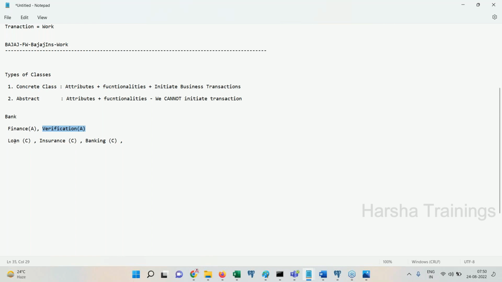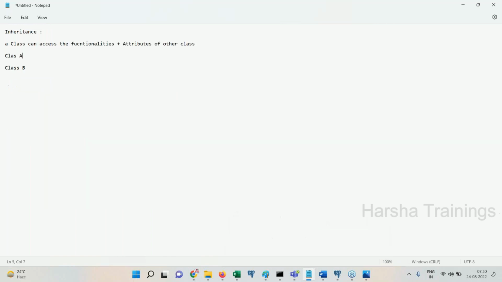So here, if loan has to access the verification class, there should be a relation defined between the classes. So that relation we call the inheritance relation. It is like real human life. See, if a person wants to access the property of another person, definitely there should be a relation, right?